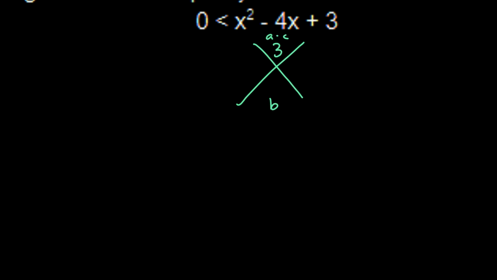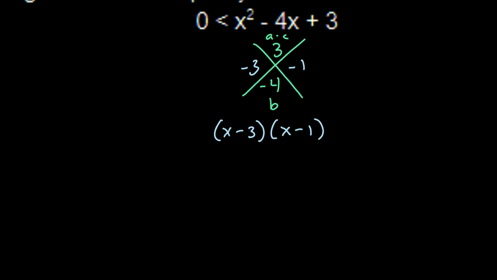What goes in the bottom? And I ask, what two numbers multiply to be 3 but add to be -4? Yes, -3 and -1. And these are my factors, x minus 3, x minus 1.